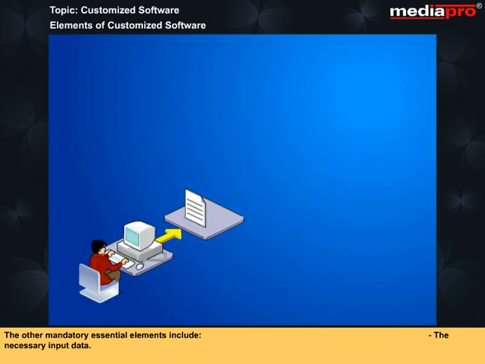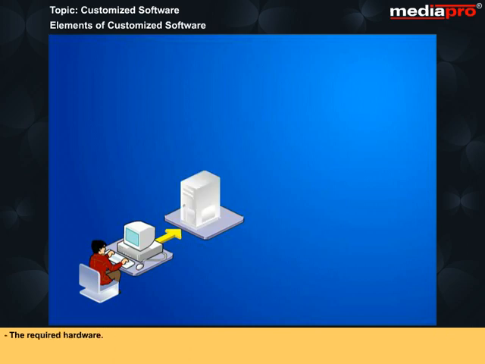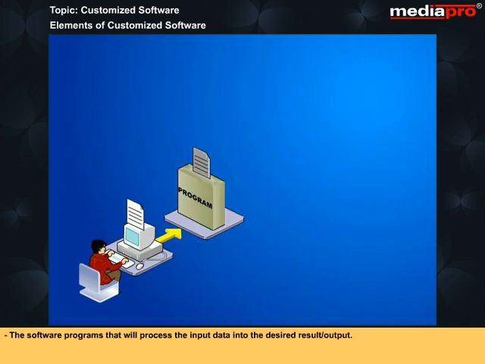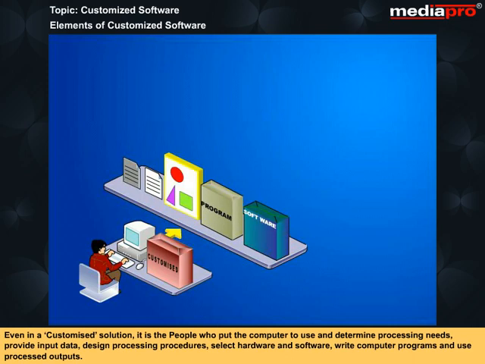The other mandatory essential elements include the necessary input data, the required hardware, the software programs that will process the input data into the desired result or output, the various complementary programs that will enable the hardware to accept input data and follow procedures. Even in a customized solution, it is the people who put the computer to use and determine processing needs, provide input data, design processing procedures, select hardware and software, write computer programs, and use processed outputs.